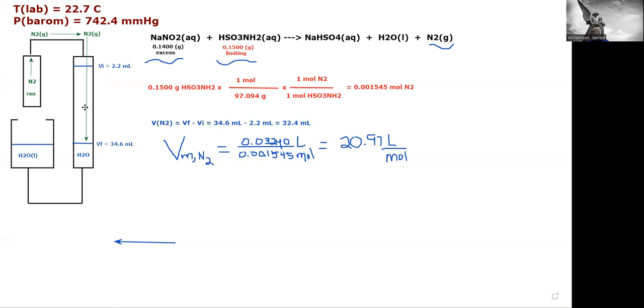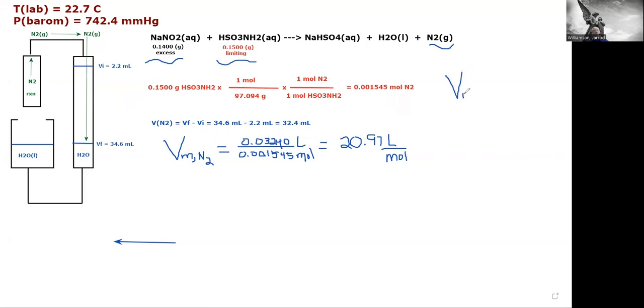So the volume of the nitrogen gas produced will be the final volume minus the initial, which would be 34.6 mL minus 2.2 mL, which gives me 32.4 milliliters. And to get the molar volume, I need to know the liters of nitrogen produced per mole.